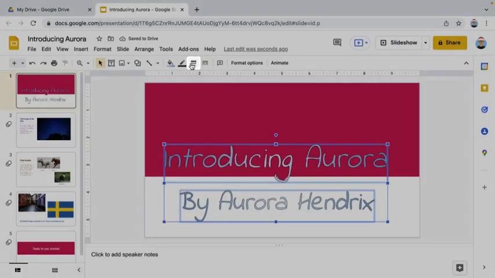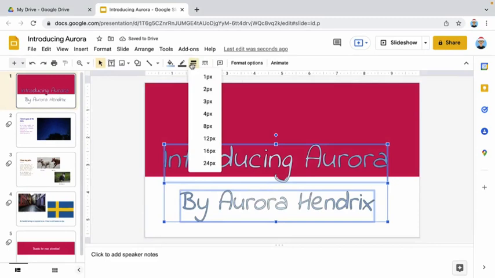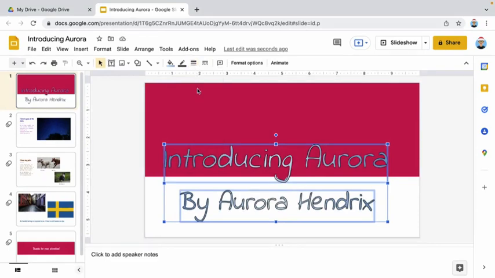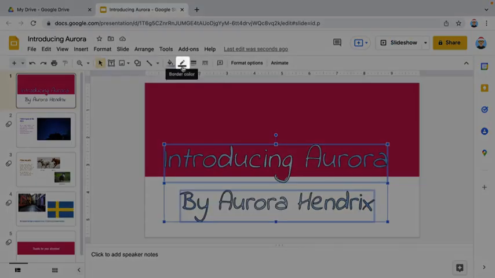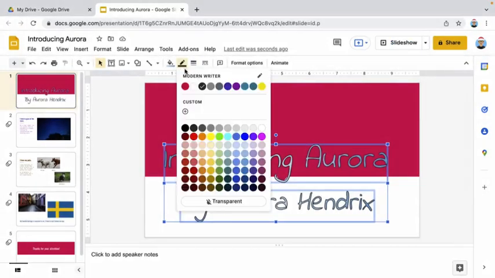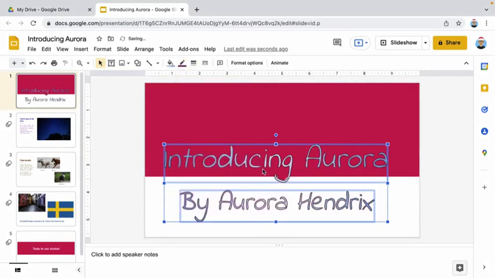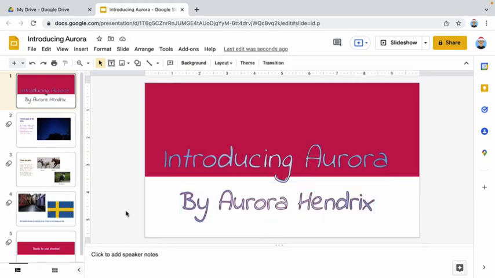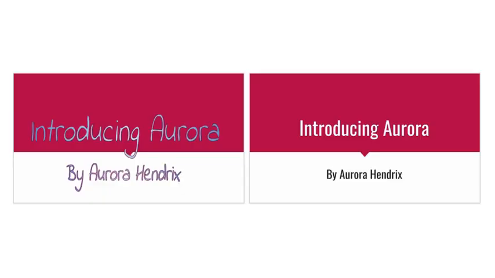Adjust the border thickness, and the border color. Finally, compare your new word art title slide to the original text so you can see the difference.